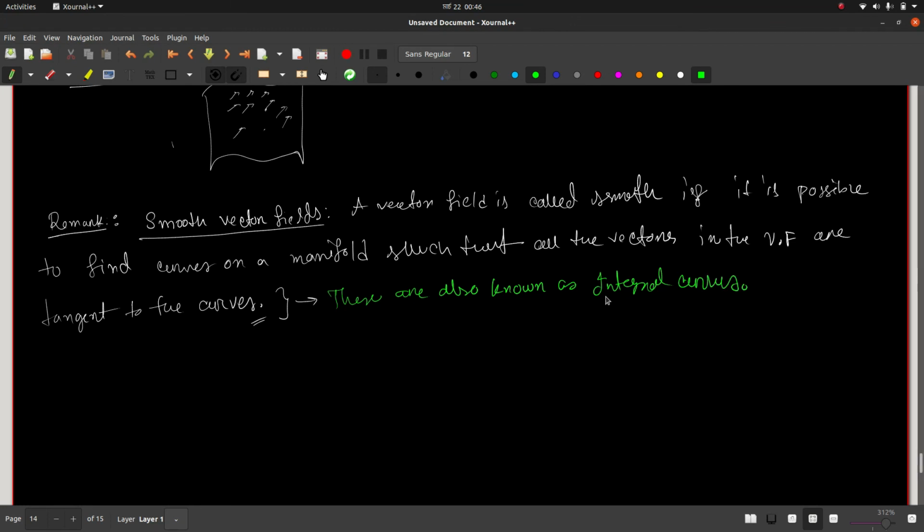And what are these integral curves? They are nothing but the solutions to differential equations. So this is the power of this manifold language. You can link all those things that seem a little bit unrelated to each other and use this manifold language, and you can see that they are actually connected with each other.